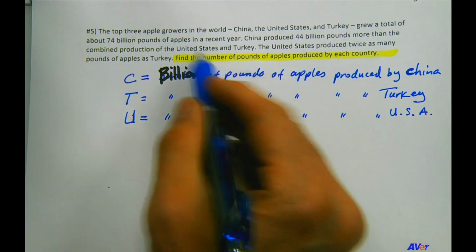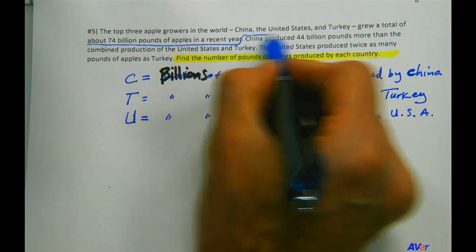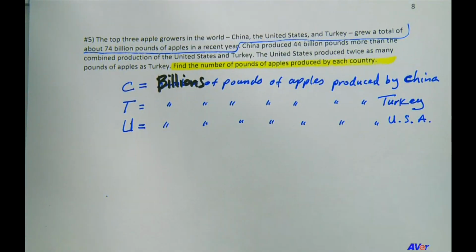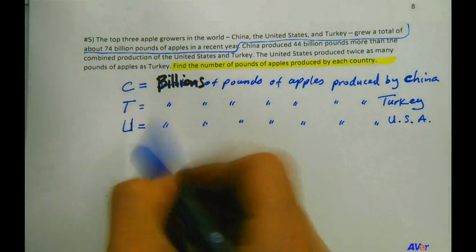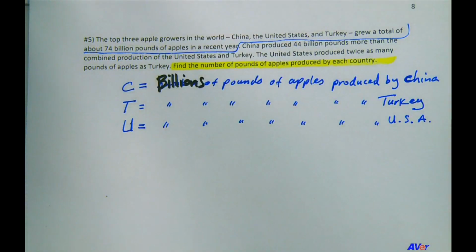Okay, so translate this first sentence into an equation. Before I do it, please you do it. Pause the video, write down, using these variables, the translation of that first sentence into an equation.